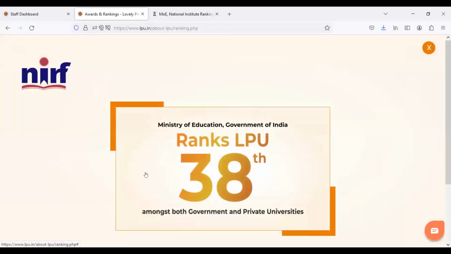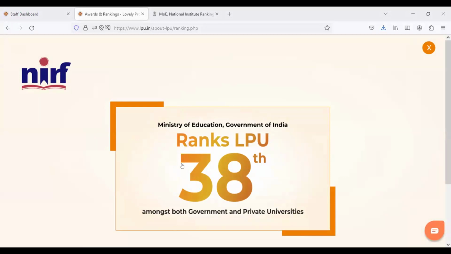If I go to the NIRF ranking, that is National Institutional Ranking Framework, this ranking is given by the Government of India. LPU is ranked 38 amongst both government and private universities. Very excellent ranking.